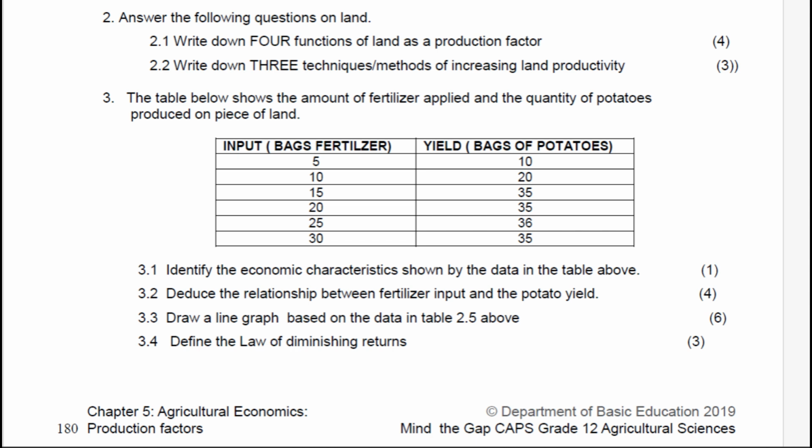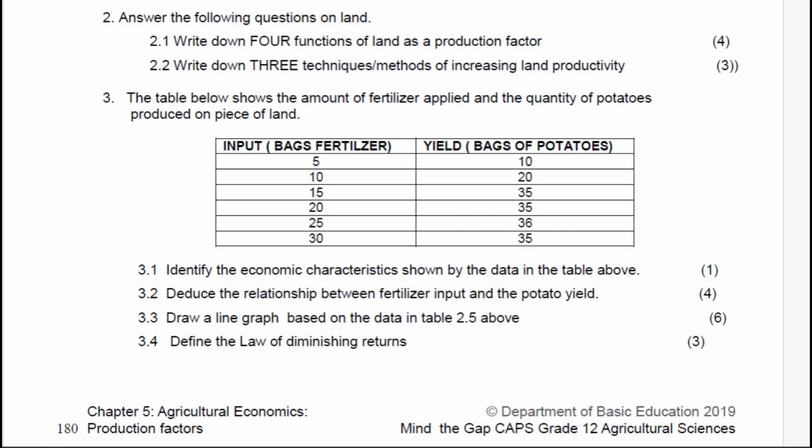3. The table below shows the amount of fertilizer applied and the quantity of potatoes produced on a piece of land. As we can see on this table, we have the input, which is the bags of fertilizer, and the yield, which are the bags of potatoes, as our output. 3.1. Identify the economic characteristics shown by the data in the table above.